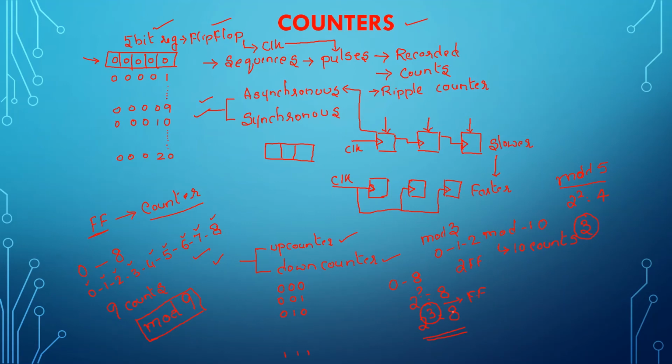It will give you 8 counts, out of which I need to reduce 3 counts, which we'll study later. So the ultimate thing you need to understand here is, if you are designing a counter using flip-flops, the number of flip-flops depends on the number of counts your counter is going to count. Moving on further.